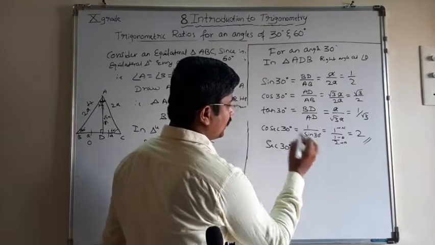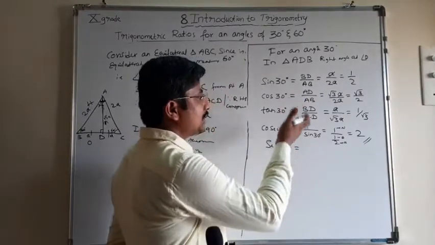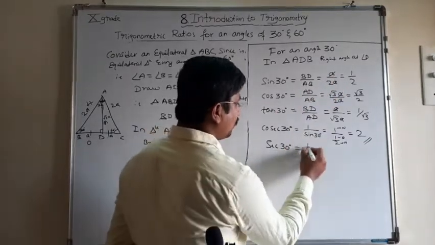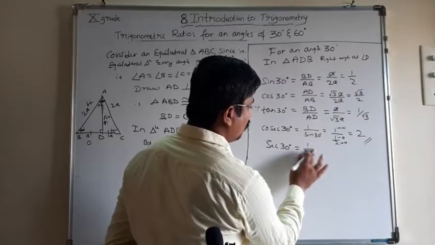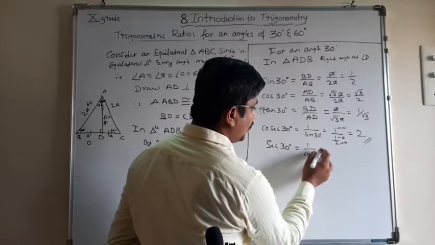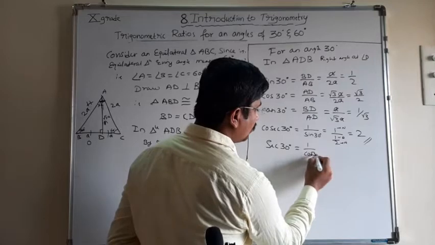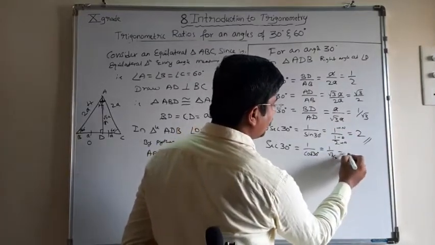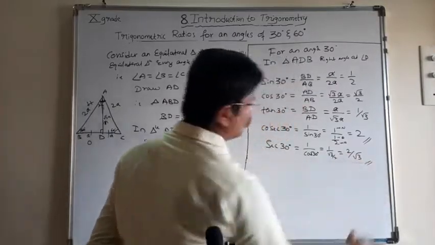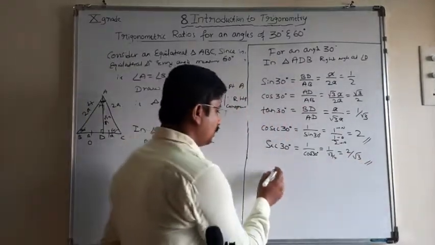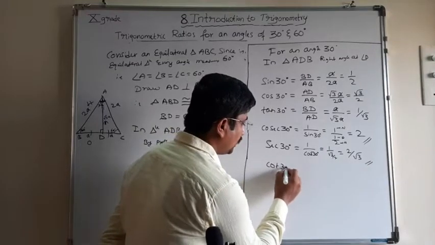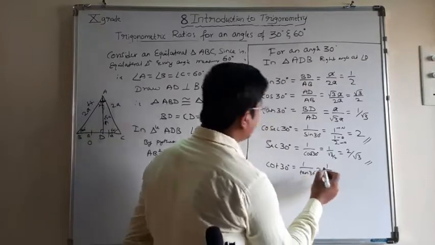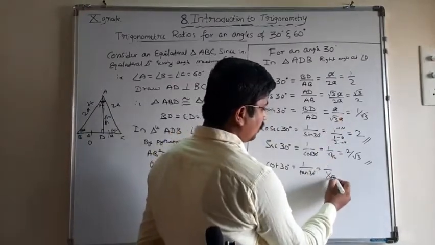Sec 30 degree is the reciprocal of cos 30 degree, 1 divided by root 3 by 2, which is 2 by root 3. The last trigonometric ratio, cot 30 degree, is the reciprocal of tan 30 degree, that is 1 divided by 1 by root 3, which is equal to root 3.